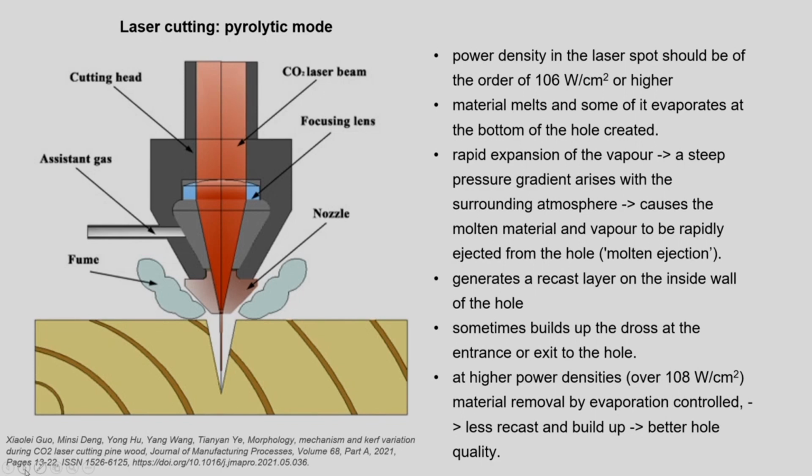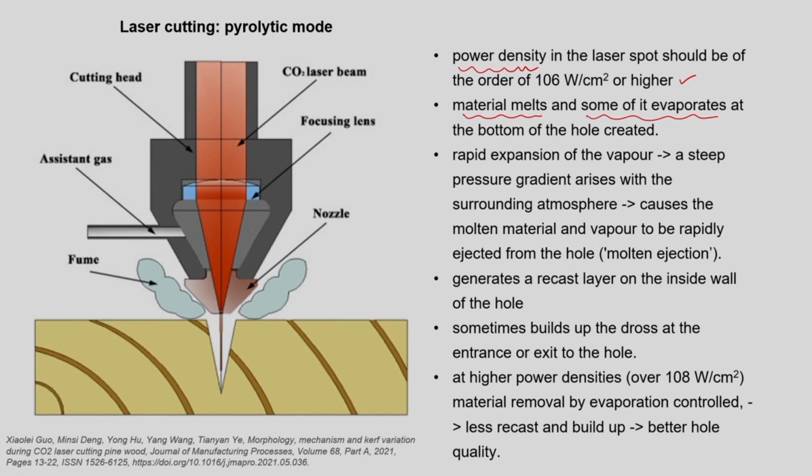Now, let us see the various peculiarities of this pyrolytic mode of operation. Here, in general, a power density of about 10^6 watt per centimeter square or higher is generated, and with this higher energy the material gets melted and some of it gets evaporated at the bottom of the hole.